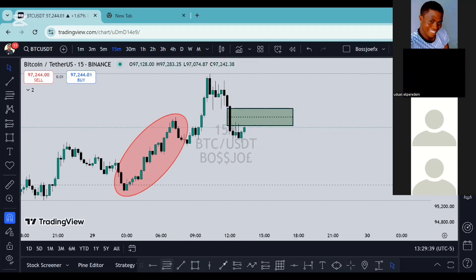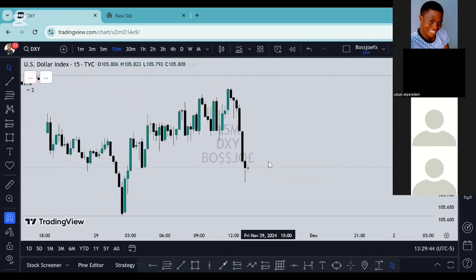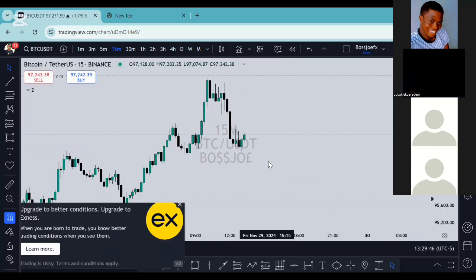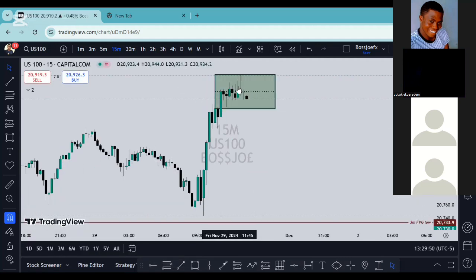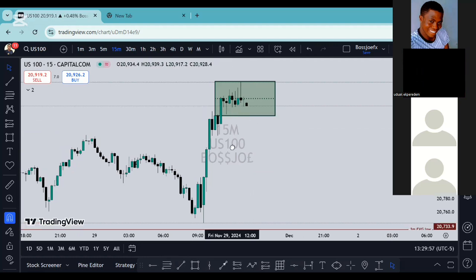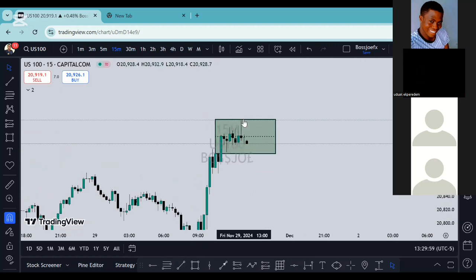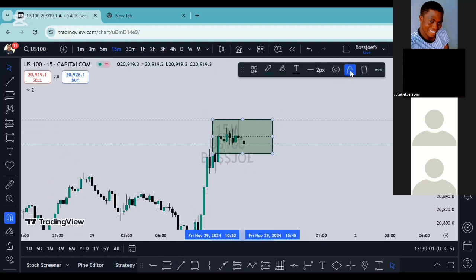The only thing I look for during this time is US 100. This one is just doing rubbish right now. The only thing I could have seen that interests me is this fair value gap.